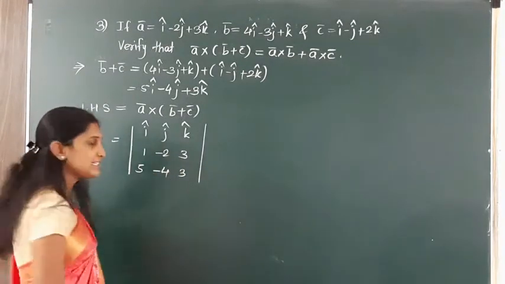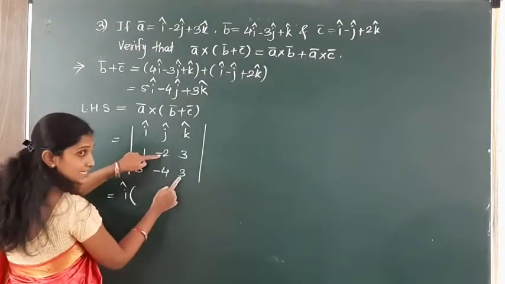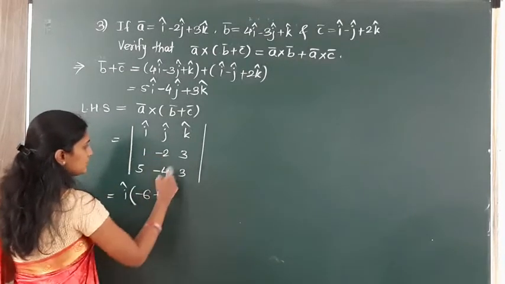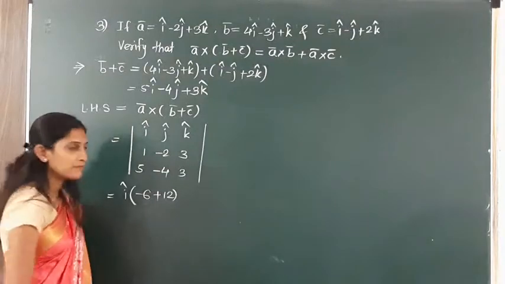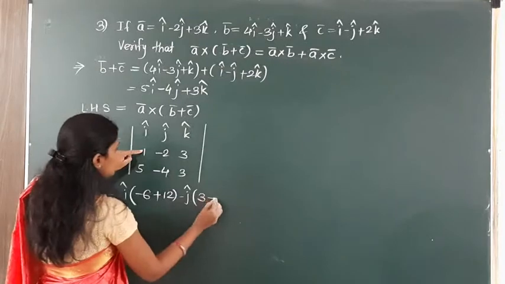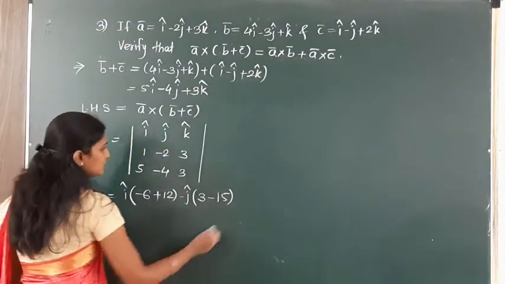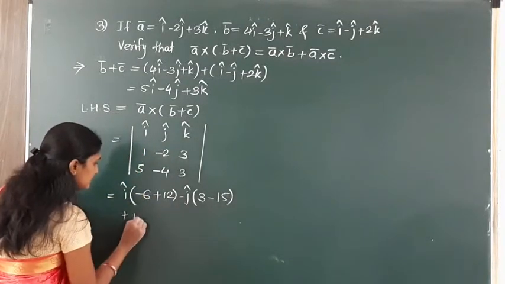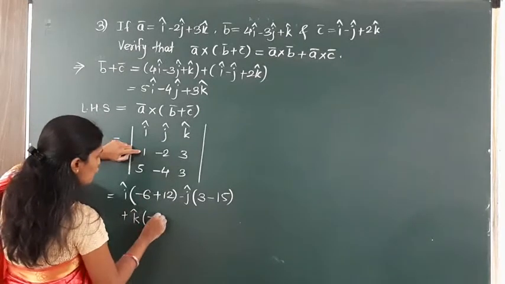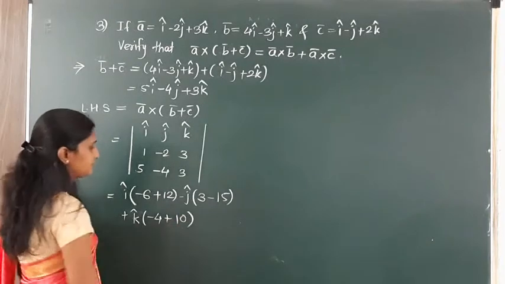Now we expand this determinant. That is i cap into bracket minus 6, and minus minus gets plus, 12. Minus j cap into bracket 3 minus 15. Plus k cap into bracket minus 4, and minus minus gets plus, 10.